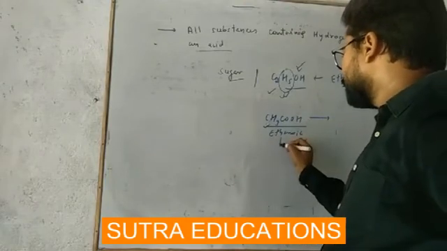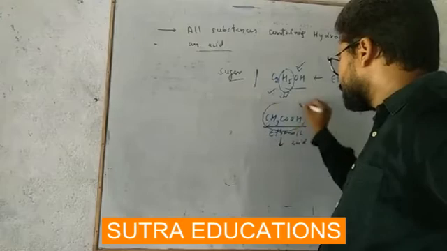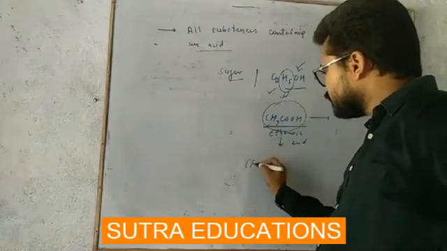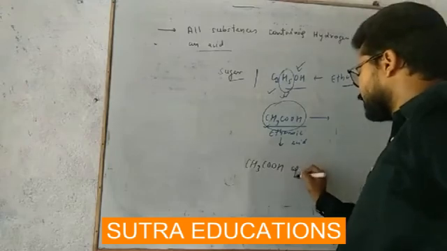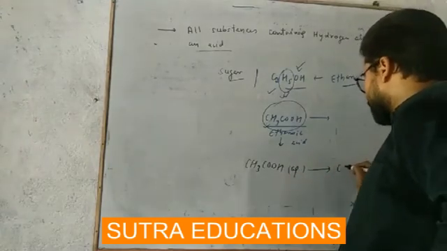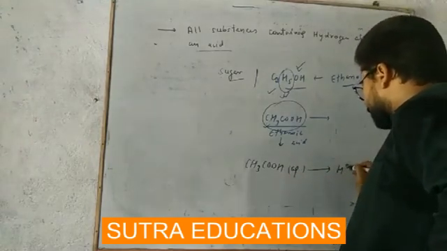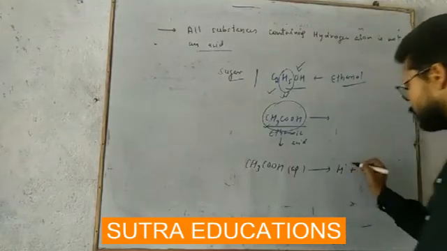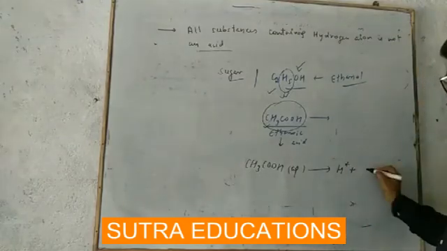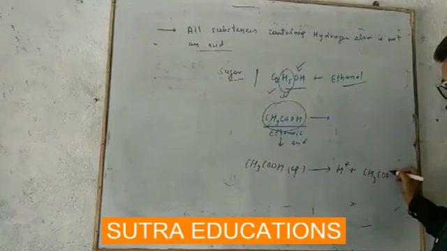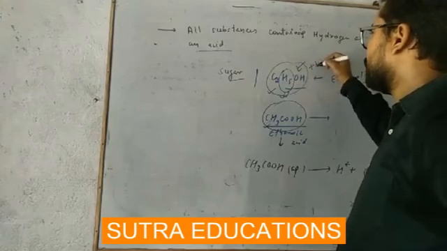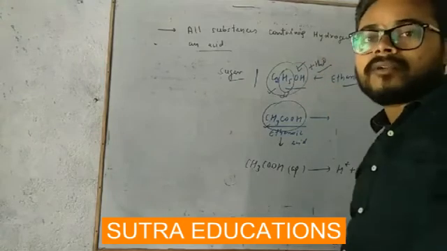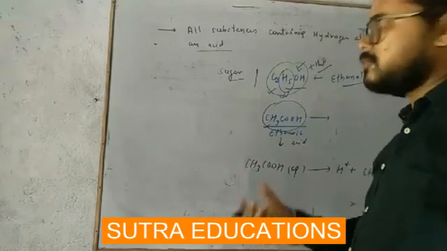It means if you dissolve CH3COOH in water, making it aqueous, then you will get H plus ion along with acetate ion, CH3COO minus. But when you dissolve C2H5OH in water, you are not going to get any hydrogen ion.